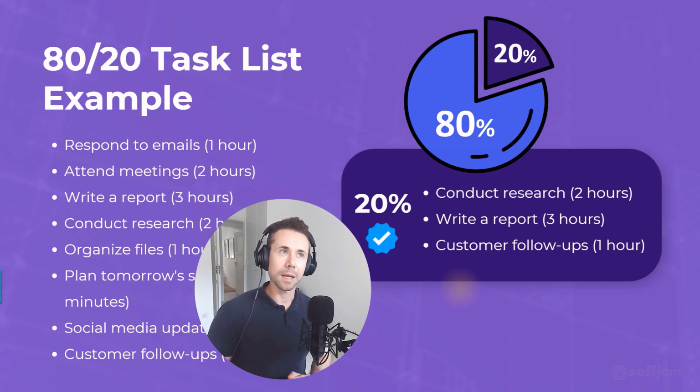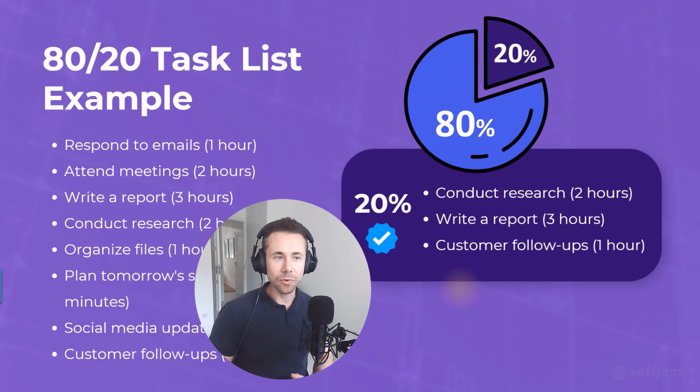Research is important because you need to know that your efforts are going to pay dividends down the line. If you don't do the research, you might be putting in effort that might yield nothing. So having the correct research, knowing that your efforts are going to be rewarded, is an important first step. That's why this would be one of the MITs in this list.